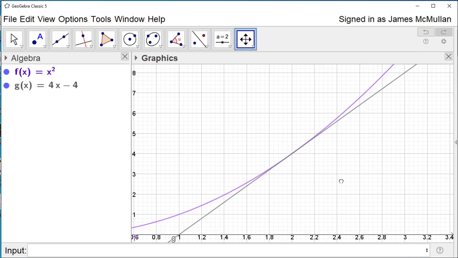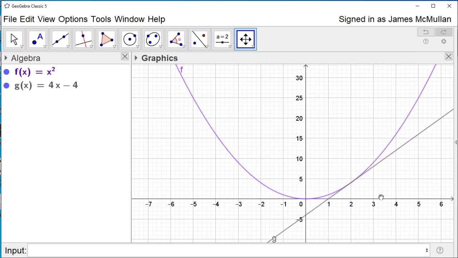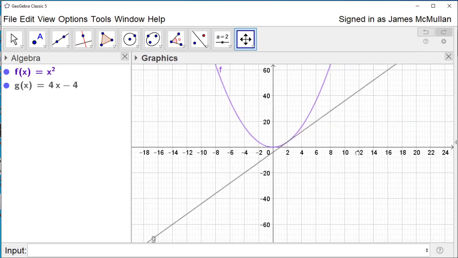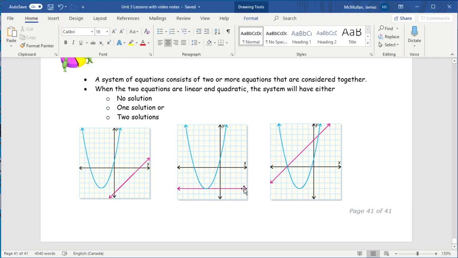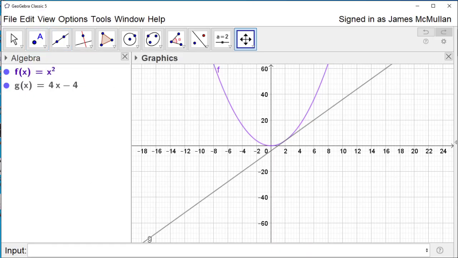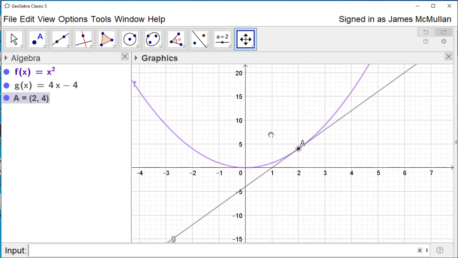The reason I want you to think about this is because the picture on the page gives you the impression that if it has one solution, it's at the vertex. Not necessarily true. So if I type intersect f and g, it only comes up with one answer because they only intersect in that one place, and that place is not the vertex.